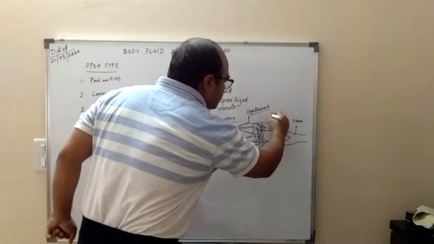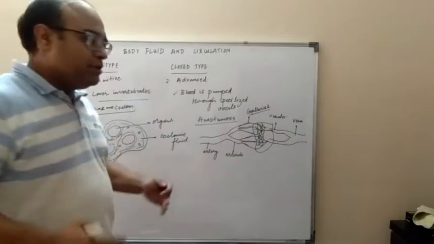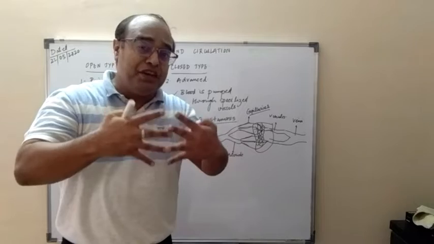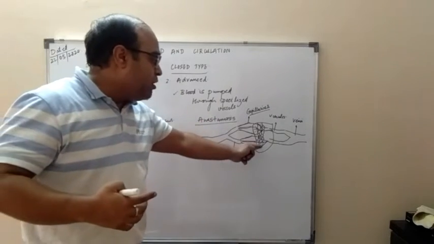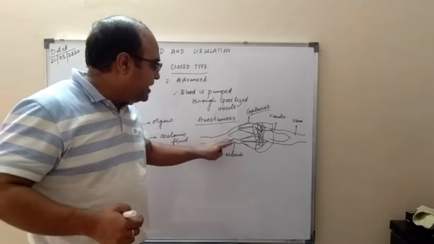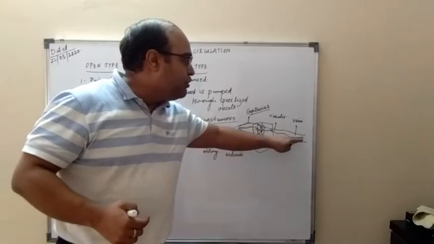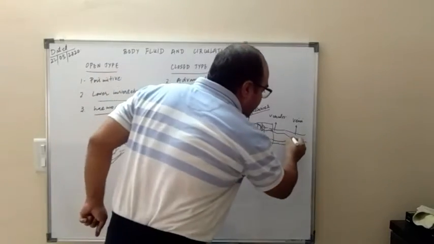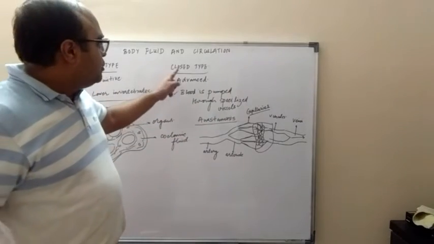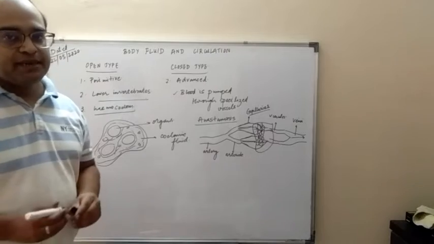These are venules. So there happens to be a meshwork of capillaries and venules to provide oxygen to a particular organ. Okay. So first of all they divide and redivide, and then they unite and reunite to form a vein which will carry the deoxygenated blood away from the organ. Okay. So this is a key characteristic of a closed type of circulatory system.